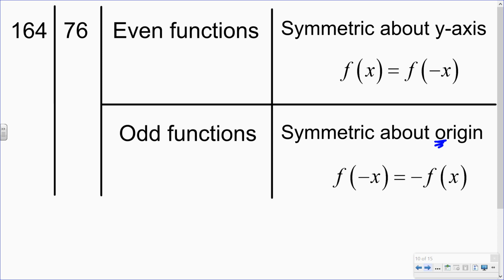And the best thing I've come up with for remembering this is odd and origin both start with O, so they're the ones that go together. It's more important to remember how the plus and minuses work than to remember what odd and even means. And so we have talked right now about whether sine, cosine, and tangent are odd or even.